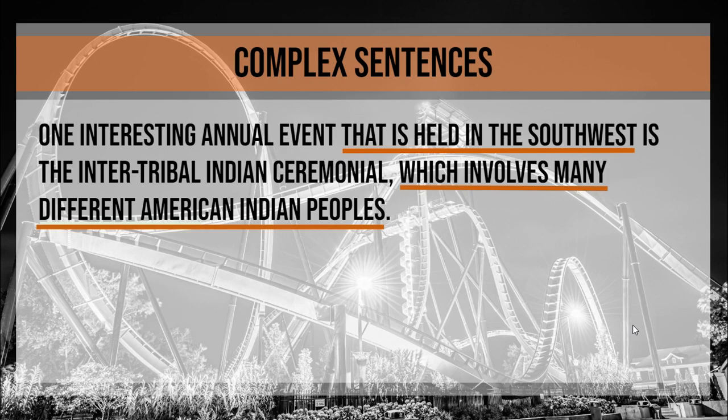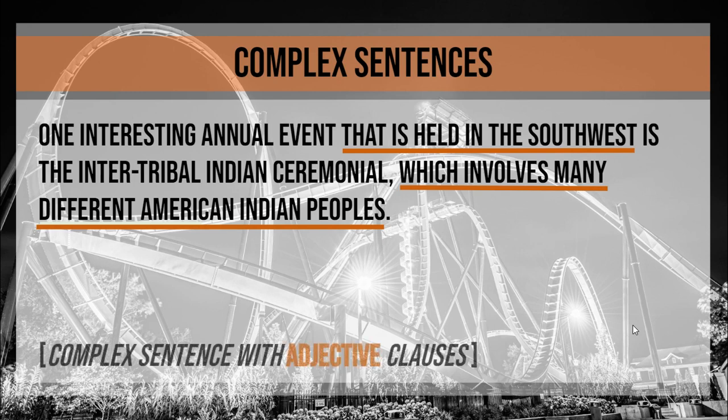As you look at those two underlined sections, which are dependent clauses, don't make sense by themselves, you look at what words those two clauses begin with, and you decide that they are adjective clauses because they begin with one of those relative pronouns: who, whom, whose, which, and that. So we have a complex sentence with adjective clauses in it.